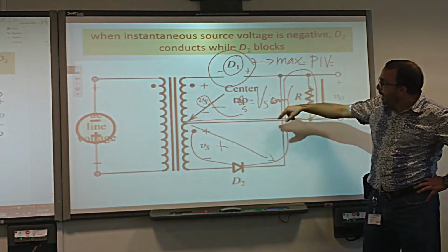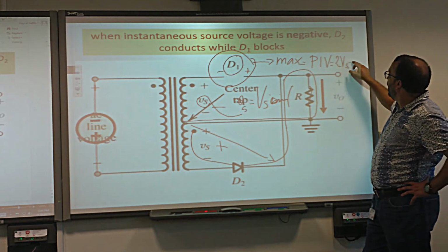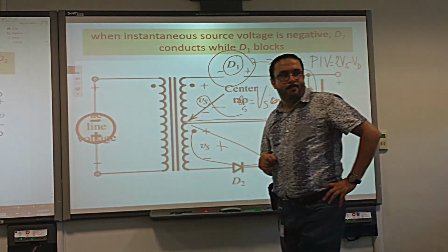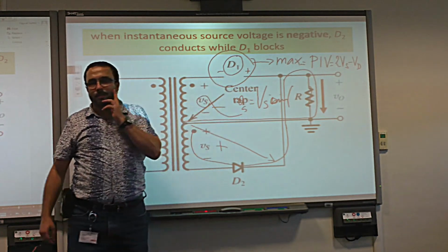You understand? So Vs is the amplitude, so it is 2 Vs minus Vd. That's the maximum voltage across this diode.